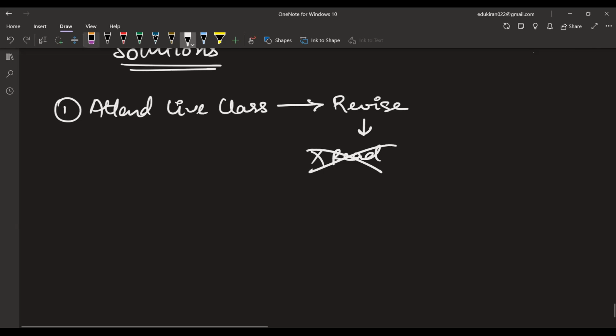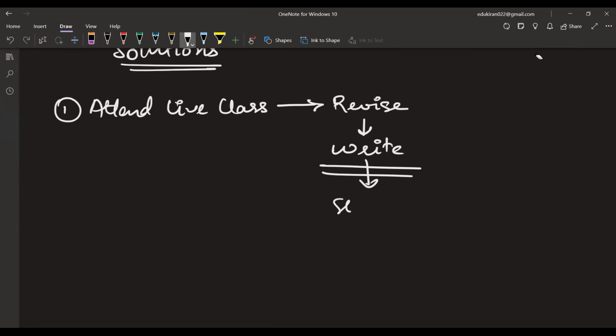Chemistry is not a novel. You have to practice things, so you will write things. No matter if it is organic, physical, or inorganic chemistry, you will write the reactions and main concepts in organic chemistry. You will do the problems in physical chemistry, and you will write again the chemical reactions and important points in inorganic chemistry. Whenever I say you have to revise, that means you have to write and shorten the notes.